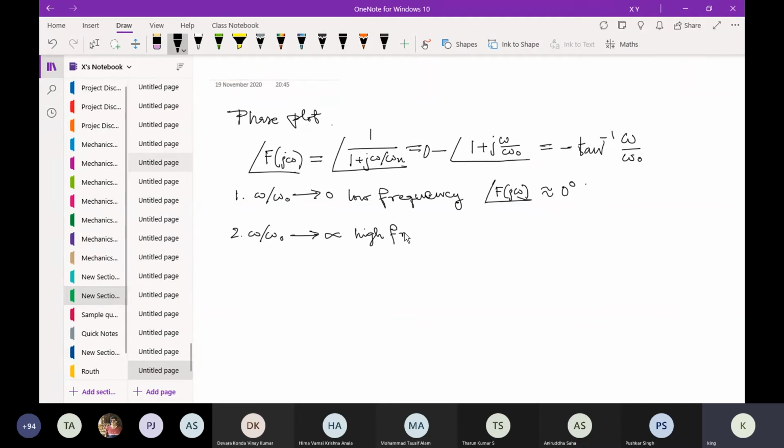High frequency end, omega is equal to infinity. So tan inverse infinity, and a minus sign, so it will be minus 90 degrees.